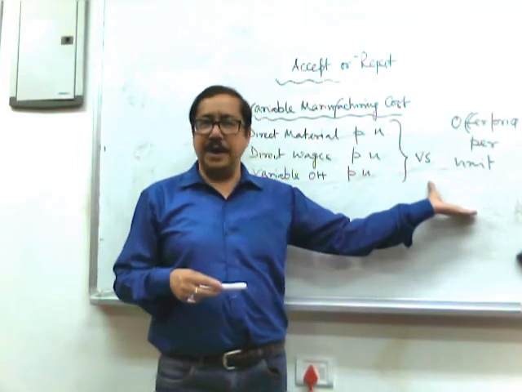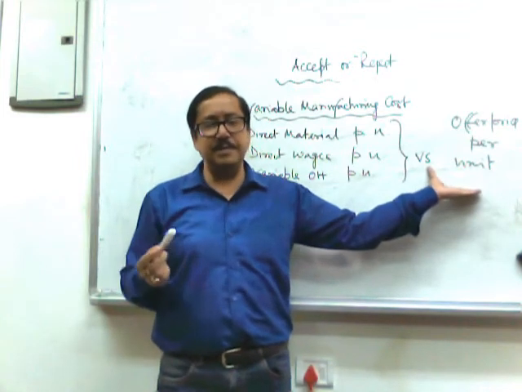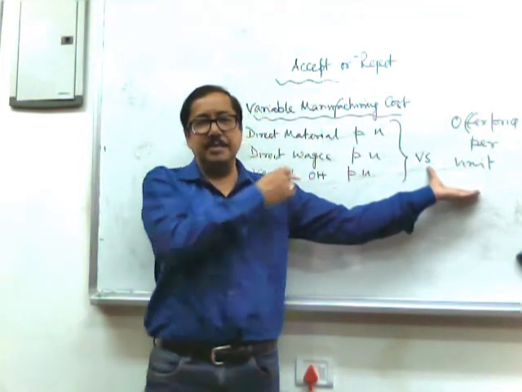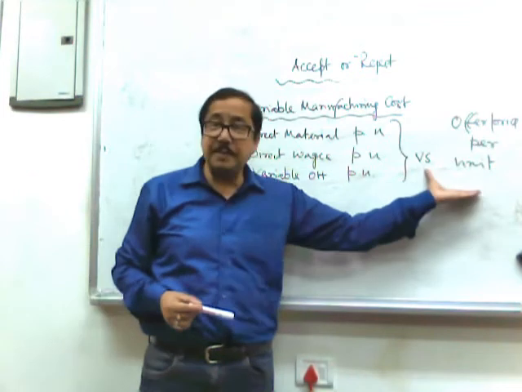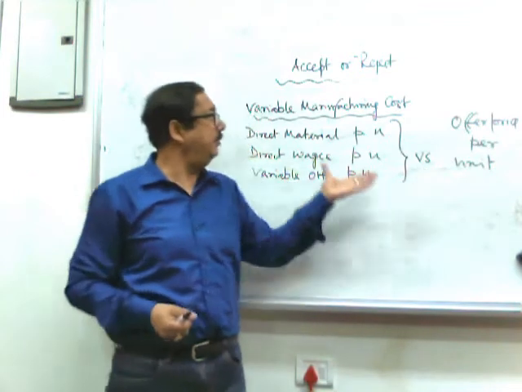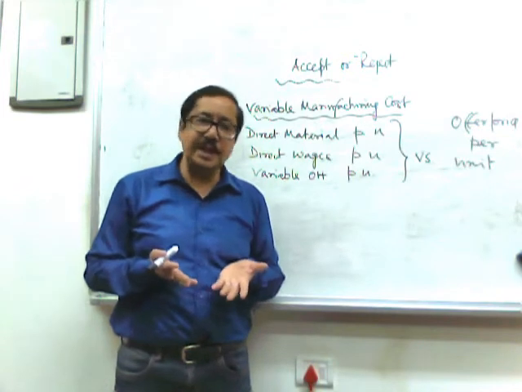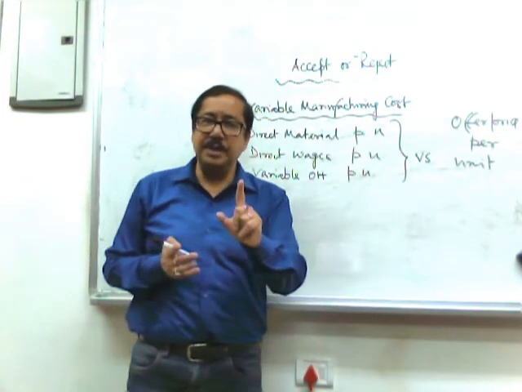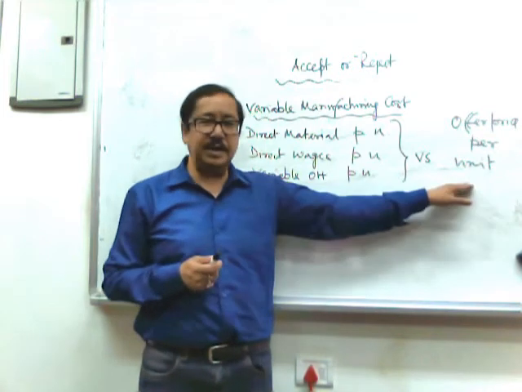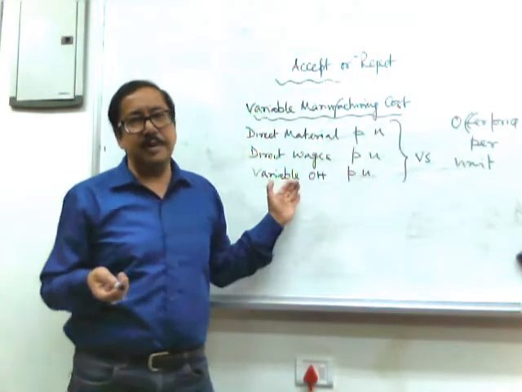If we find that the offer price is more, in our example the offer price is coming 80, and if the total cost is coming say 75, then by accepting the offer we will be increasing our profit, because whatever the new offer is giving us is more than our variable cost.